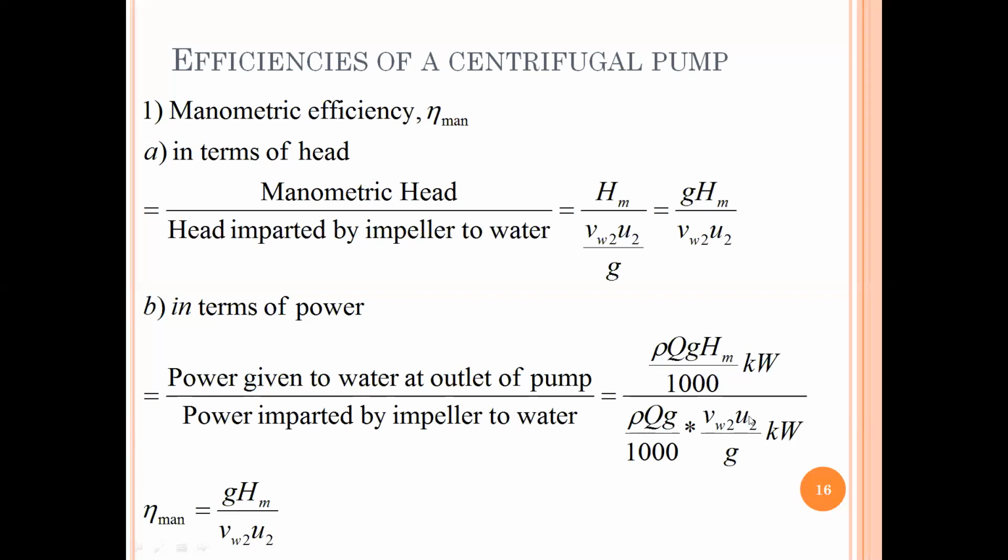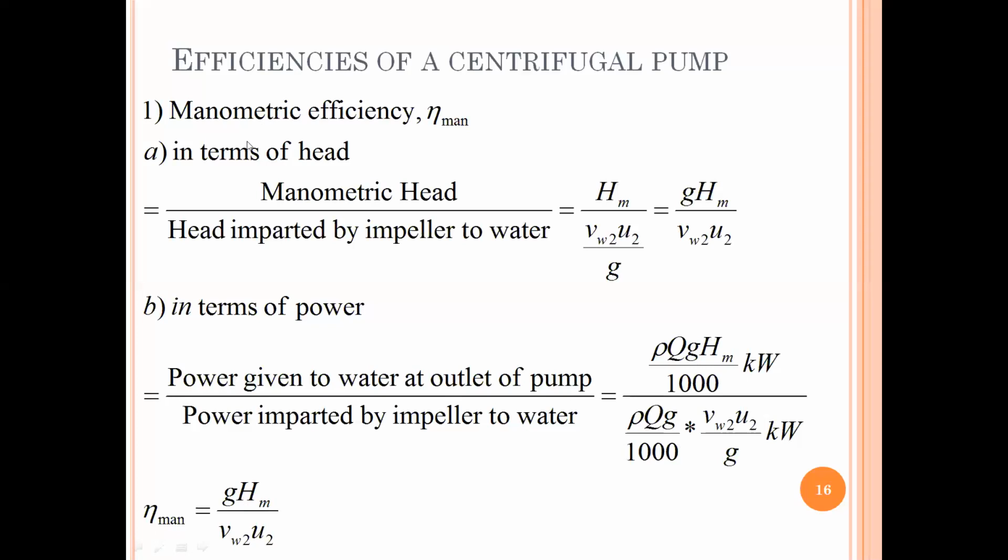So the value here is H; I'm writing H as VW2 U2 by G, and here it is your manometric head. Both are water power, but the position of the power is different. One is inside the impeller and the other is at the outlet. Now if I simplify it, I'll be getting manometric efficiency as g Hm by VW2 U2.